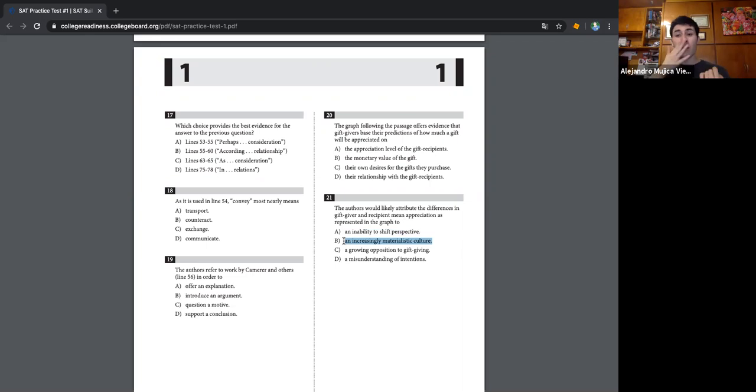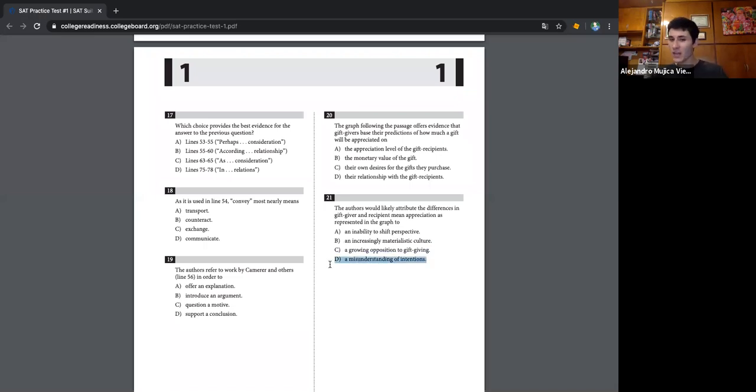So remember, this is not about your opinion. Because if it were about your opinion, every person would have a different right answer. So it's not. It never is. So always look at the text, right? Or the graph. No, B is wrong. A growing opposition to gift giving, that's never really stated in the text, so it's wrong.